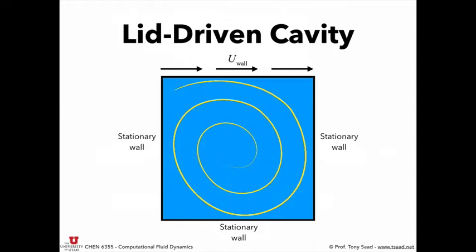Why? Because this is your roof, and it's a cavity. There's a huge cavity in here, right? And then you have flow coming in, and that flow is going to drive flow inside your car. And that is the lid-driven cavity problem. It's just taking a cavity and forcing a constant or a non-constant velocity at the boundary.